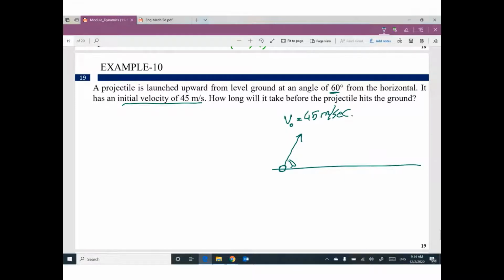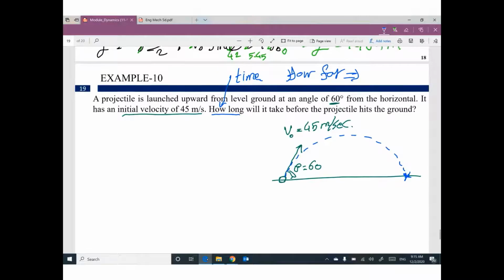It's very important to draw your problem with inclined angle theta equal to 60. So this projectile will take a parabolic path until hitting the ground surface. How long? How long means time. How far means distance. Be careful about this expression.